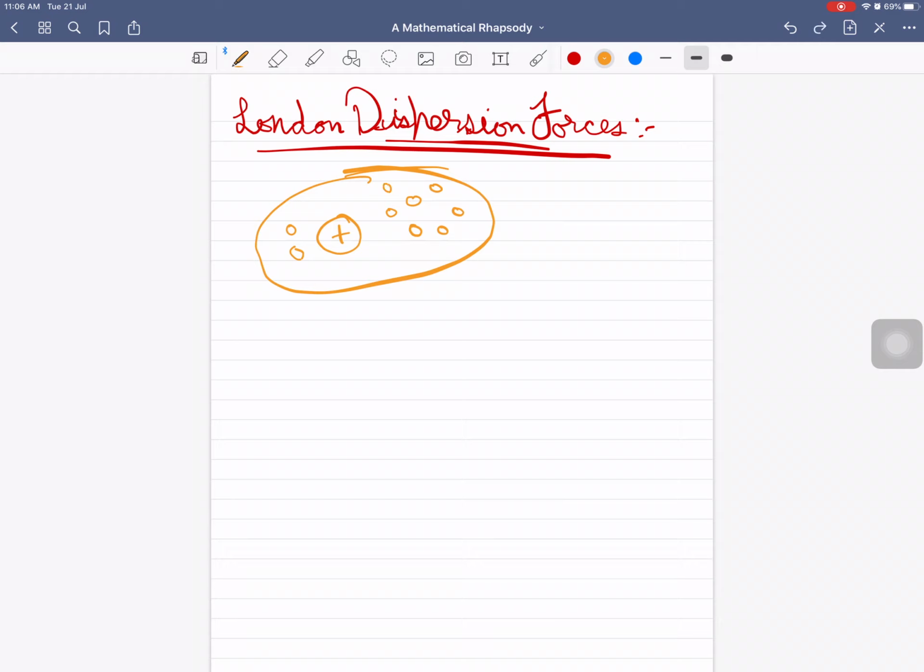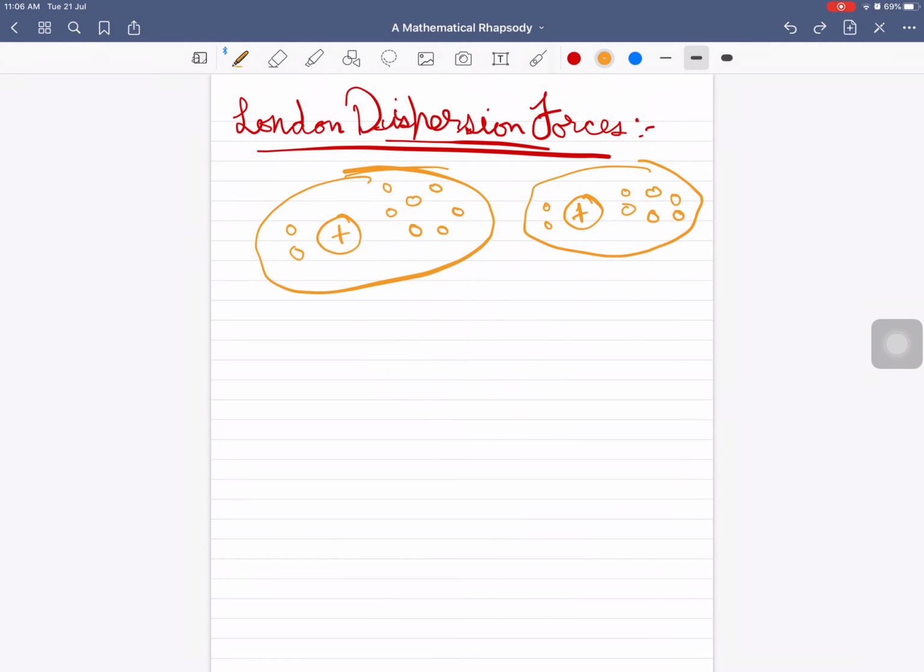Okay, and at the same time, let's say another atom of the same kind has electrons. Sorry, let me just draw that there. Okay, this is the positive charge. Only a less amount of electrons are on this side, and more amount of electrons of this atom or molecule are there in this side, right?